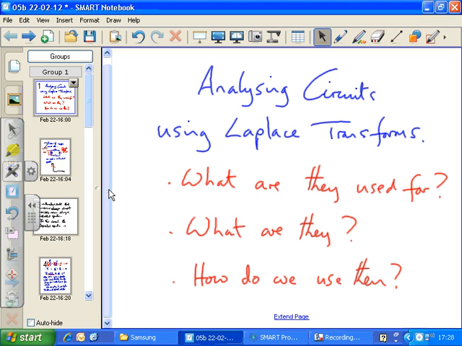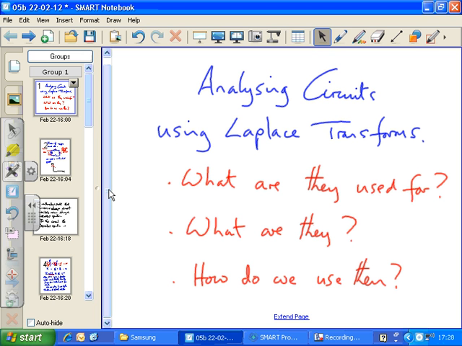It's to solve the mathematical model. Yeah, exactly. To help us solve a mathematical model, and the mathematical model usually involves a differential equation. So we use Laplace transforms to solve differential equations.